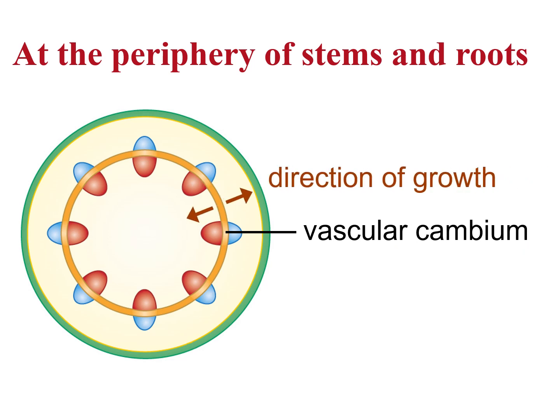The vascular cambium is located between the xylem and the phloem. The function of the vascular cambium is to grow new xylem and new phloem. Therefore, it can grow both inward and outward, with two-directional growth.